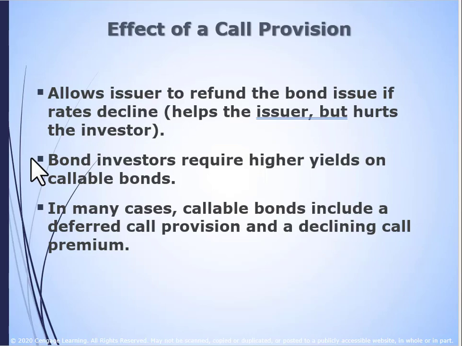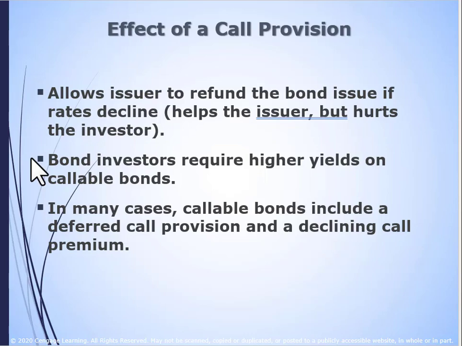Now, of course, if they force you to do this, how could they force you to do it? It's in the contract. When you buy a bond, you know whether it's a callable bond or a non-callable bond. Almost all bonds are callable. So again, when you buy one, it sets out the rules.